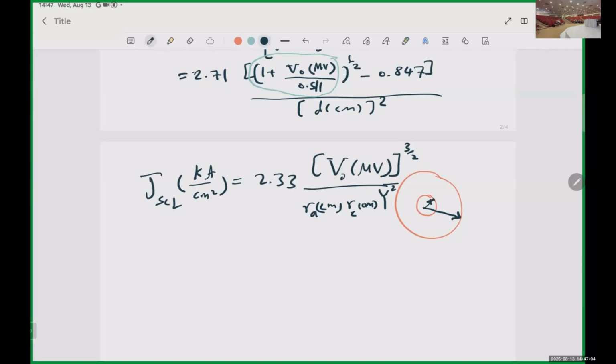You can have the anode as the outer cylinder or the cathode as the outer cylinder; it is not a problem.